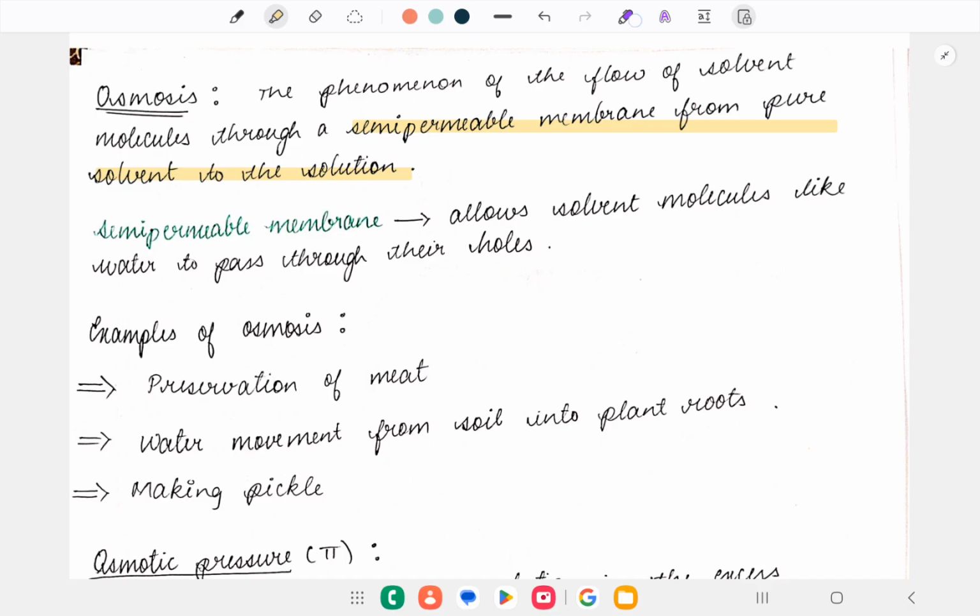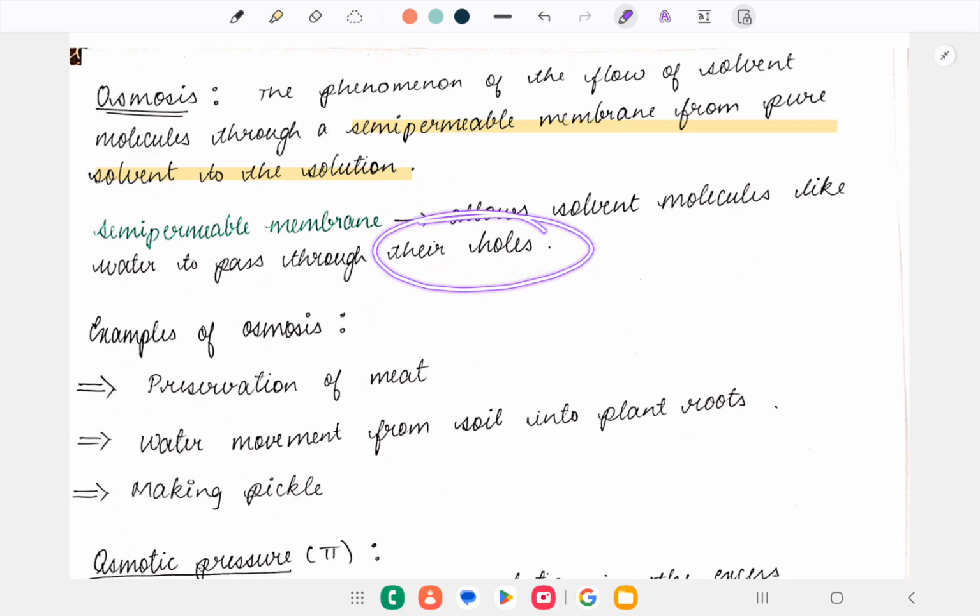So, what is a semi permeable membrane? A semi permeable membrane allows the solvent molecules like water to pass through their holes. However, it will stop the passage for bigger molecules of solute like salt.